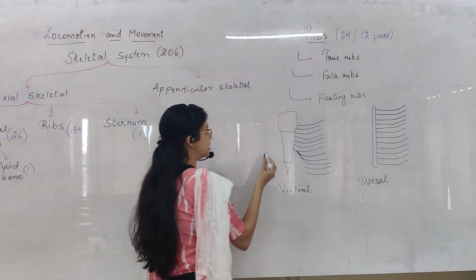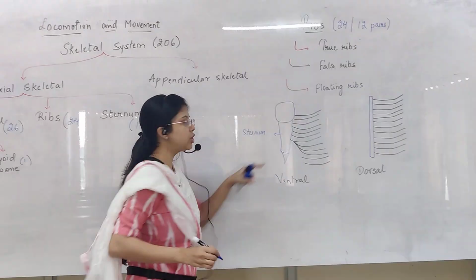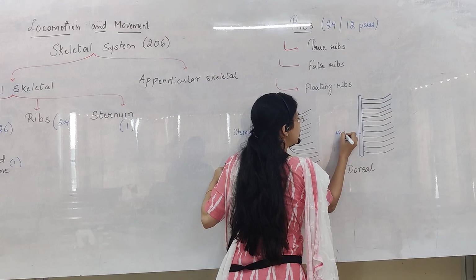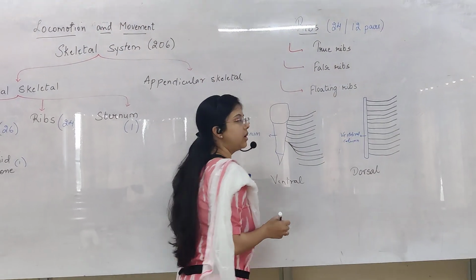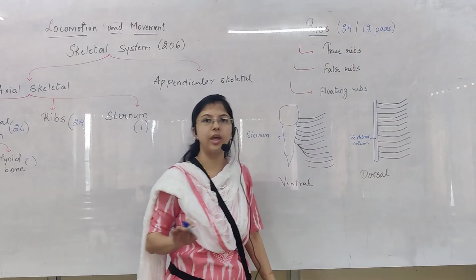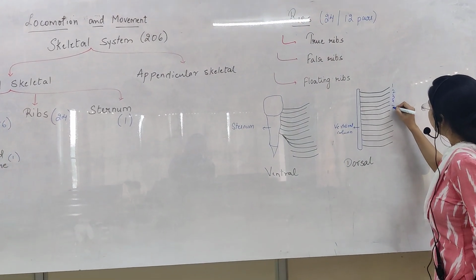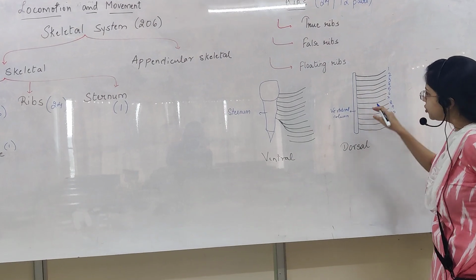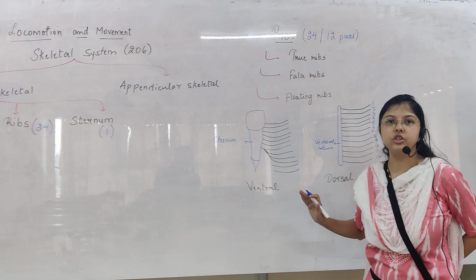This is the sternum, to which ventrally the rib bones will be attached, and this is the vertebral column to which the ribs will be attached on the dorsal side. Now, when we see dorsally, the arrangement of ribs is very much clear. There are 12 ribs present. Of course, 12 pairs, 1 on the left and 1 on the right side. But the arrangement of these ribs changes when we observe it from the ventral side.